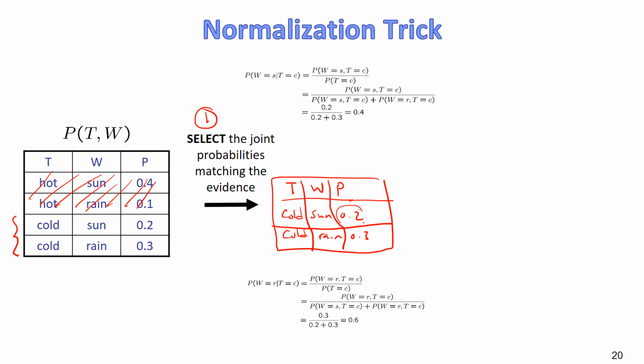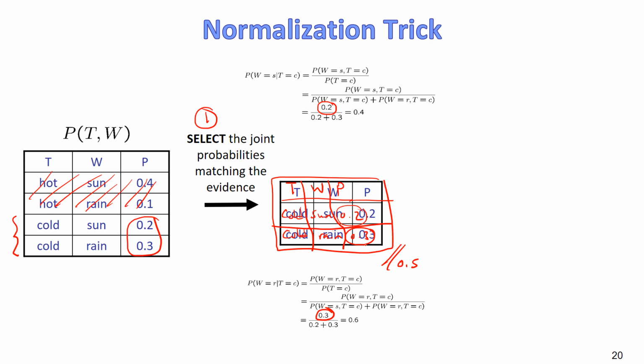This is 0.2, which is the numerator here, and this is 0.3, which is the numerator here. What remains is to divide by the denominator, which is the sum of these two values. So we divide by 0.5, which is 0.2 plus 0.3.